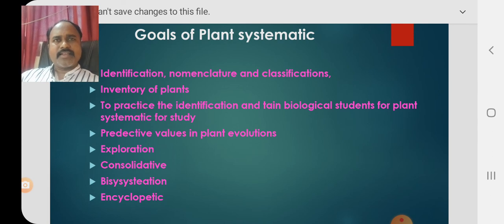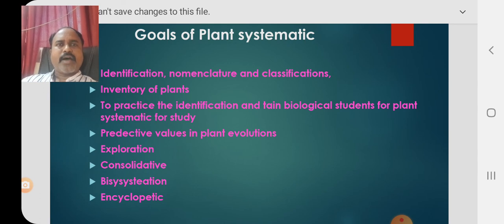So there is an urgent need for every student to study plant systematics and engage with the collection of plants, identification of plants, and delimitation of plants, which is important to achieve the objectives and goals of plant systematics.